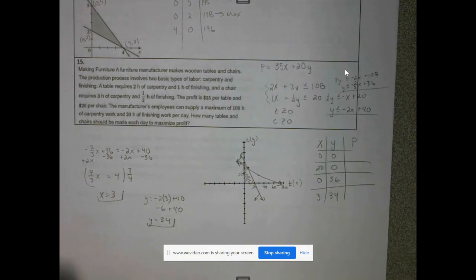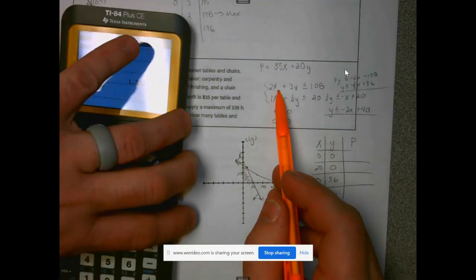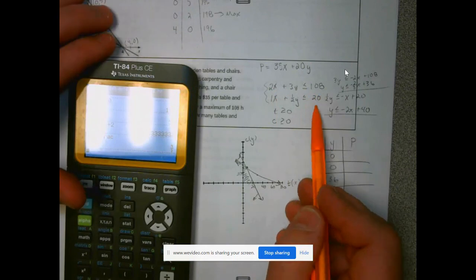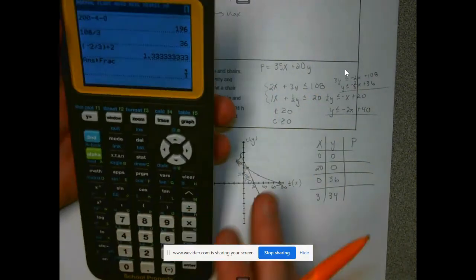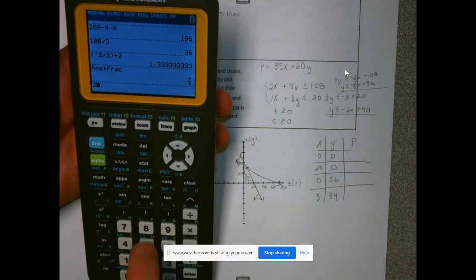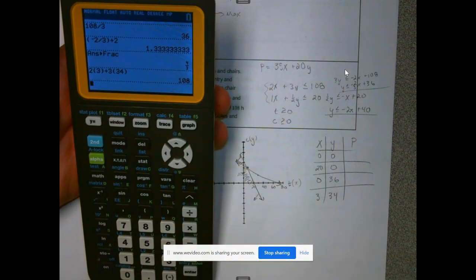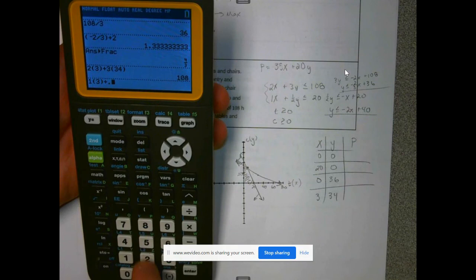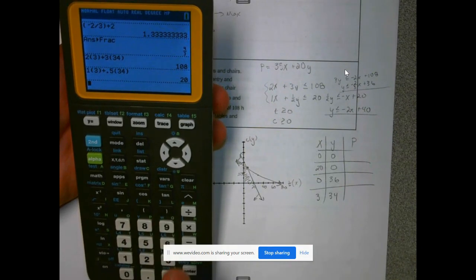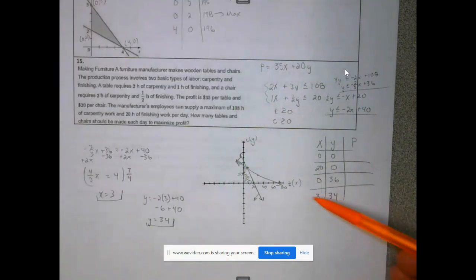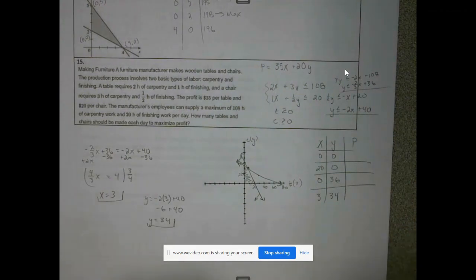And if we plug those back into these equations right here, it should equal 20 and 108. So let's look at 2 times 3 plus 3 times 34, 108. And we have 1 times 3 plus 1/2 times 34, and we get 20. So our system was solved correctly.